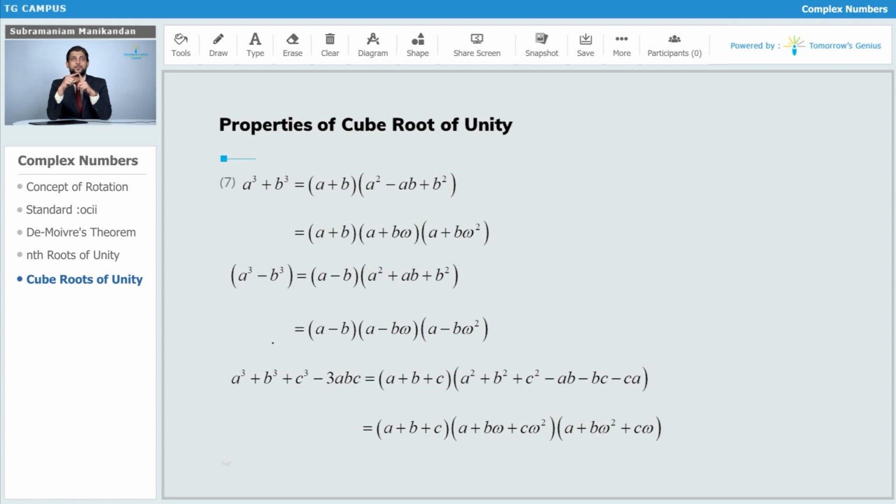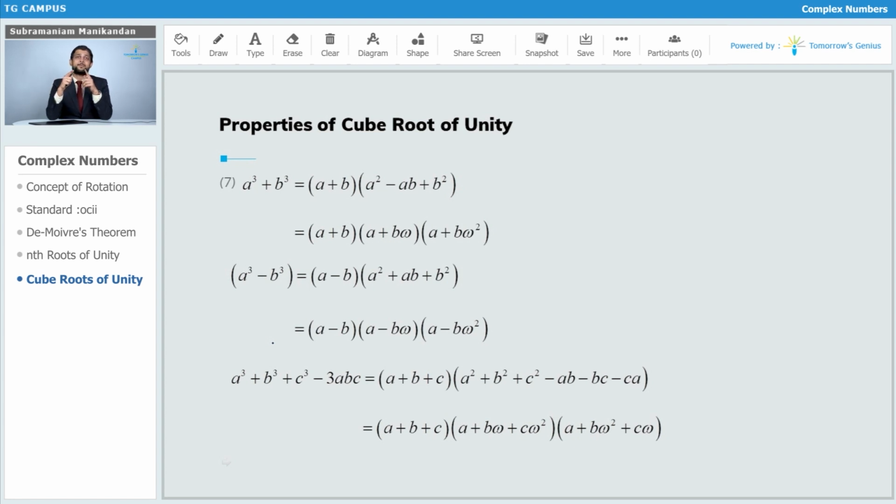a cube minus b cube is equal to a minus b times a minus b omega times a minus b omega square. And a cube plus b cube plus c cube minus 3abc is equal to a plus b plus c times a square plus b square plus c square minus ab minus bc minus ac. We've always been told that the other longer expression is not factorizable. Well, it is.